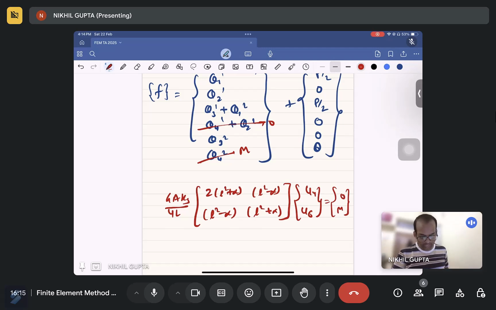Now you can directly calculate this and get the value. Let me see how they have computed what they want.